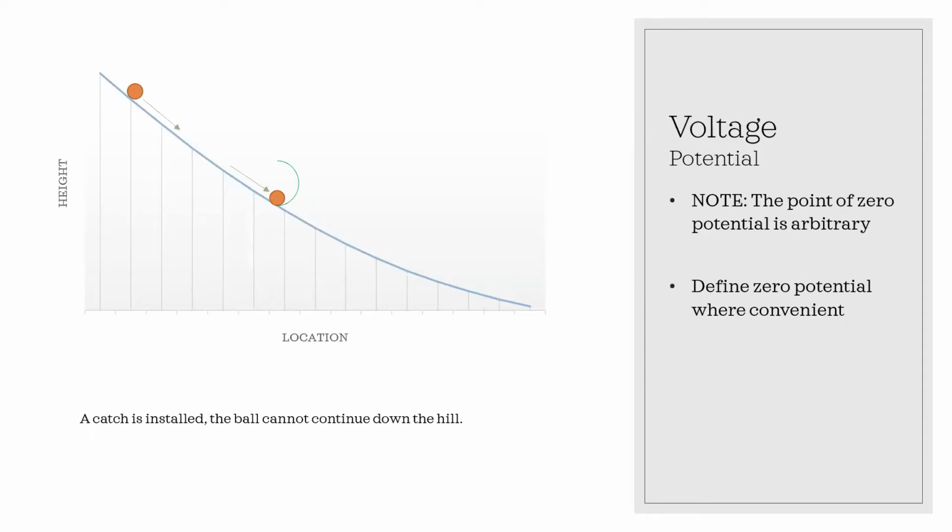What if we install a catch halfway down the hill such that the ball cannot continue beyond that? Any energy beyond that catch is not available to the ball, so it can't convert that potential energy into kinetic energy. So in practical terms, we don't need to include it in our calculations. We can just define the gravitational potential energy at the catch as 0.